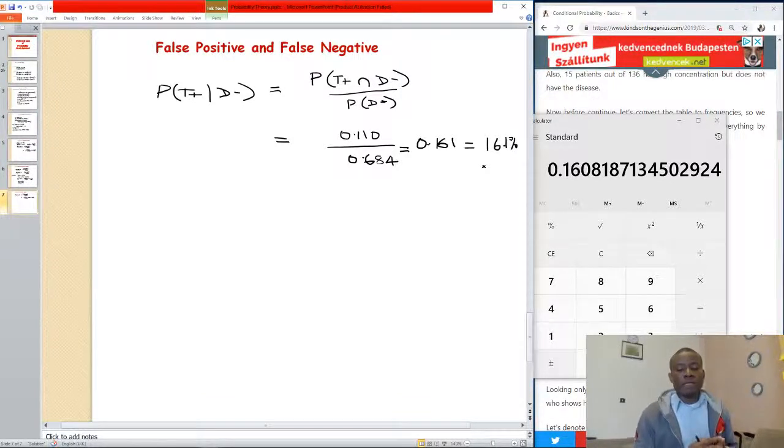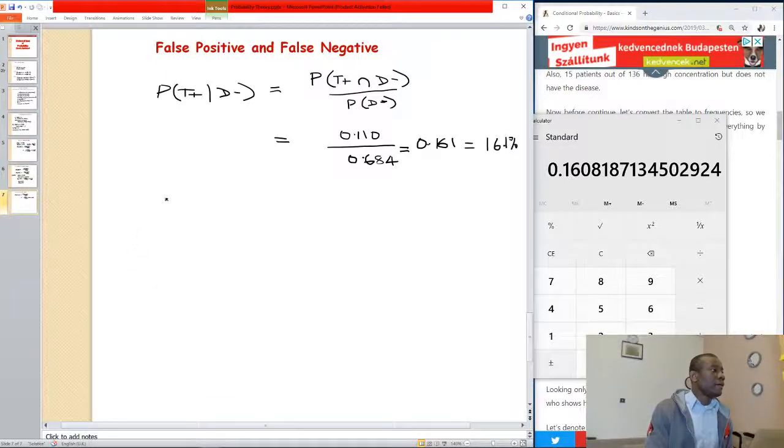This may not be too much of a problem because you have the situation that the disease is not there, but you are administering the drugs for the disease. That may not be a problem, as at least the disease is not there and everybody is safe. Let's now calculate the conditional probability that the test result is negative, given that the disease is there.